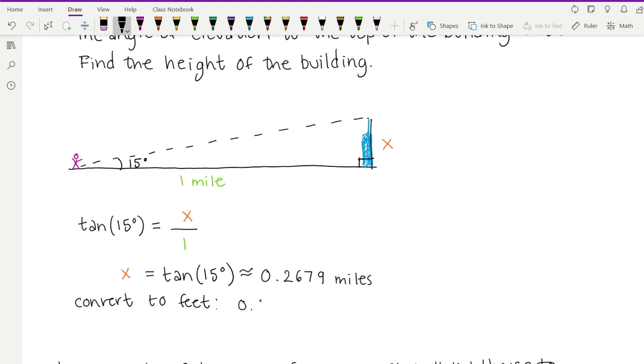So if we take 0.2679 miles and we multiply it by however many feet there are in 1 mile, that will leave us with the building measured in feet. So the number of feet in a mile happens to be 5,280. So if you do this multiplication, the miles are going to cancel out, and we're going to be left with our answer of the height being about 1,415 feet.